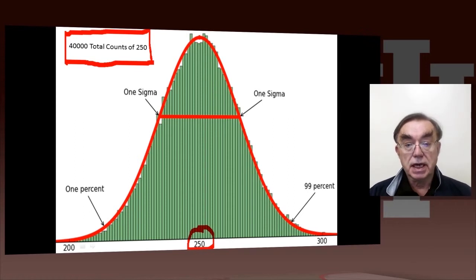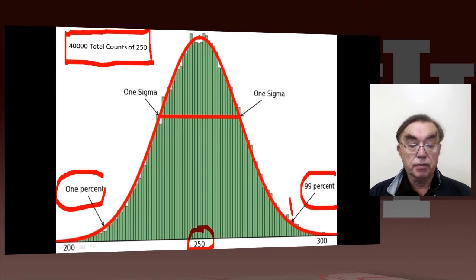And here's the same normal distribution, now plotted with a mean of 250 and an error which is the square root of 250. And we've also plotted this 1% value and 99%. 99% of the events lie below this value here, and 1% lie below this value here.